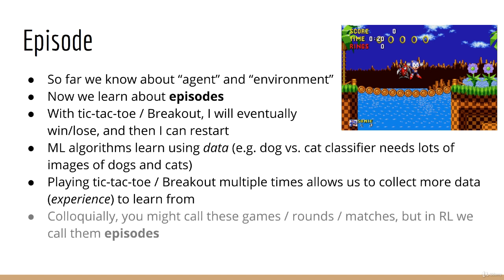You might call these games or rounds or matches, but in reinforcement learning, the official term is episode. So when you're training an agent to play tic-tac-toe, you're going to play multiple episodes, and at the end of each episode, your agent will have won or lost. Hopefully, by the end of the training process, or in other words, after many episodes, your agent will be winning more than losing.